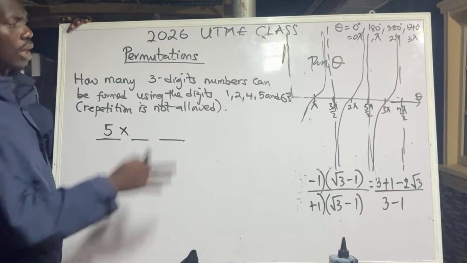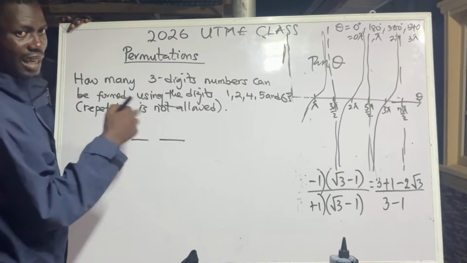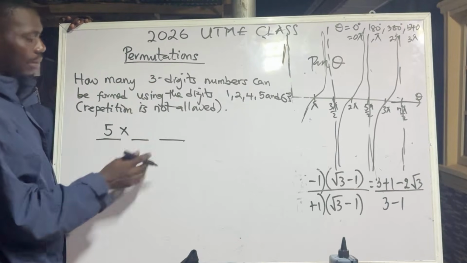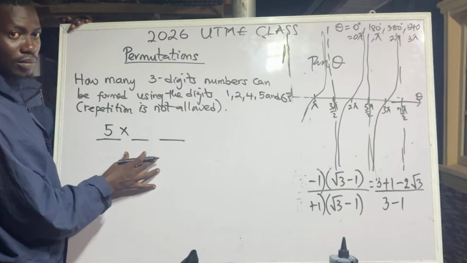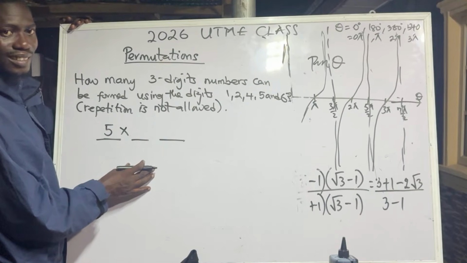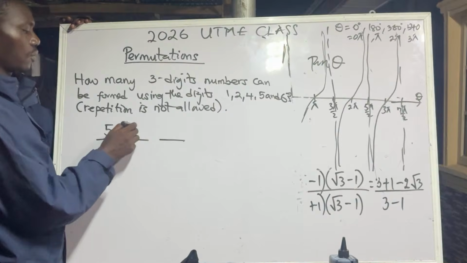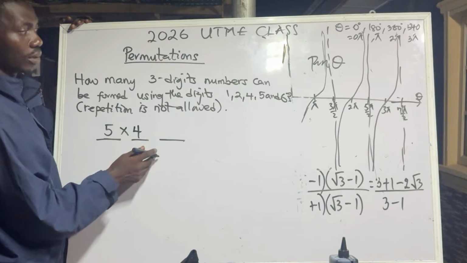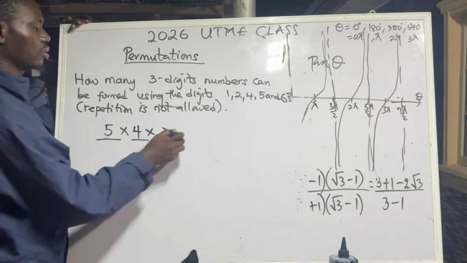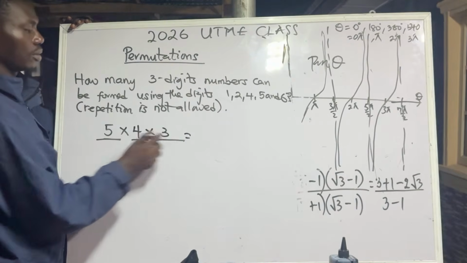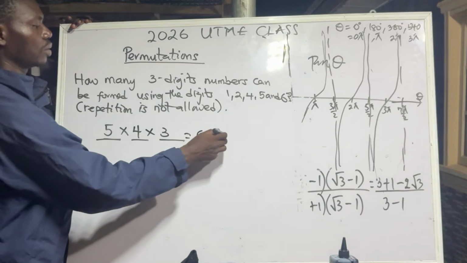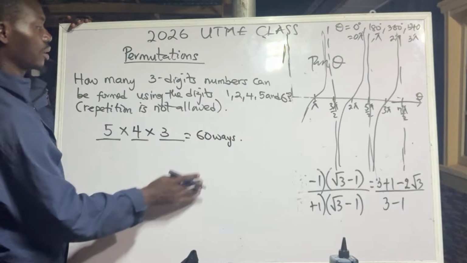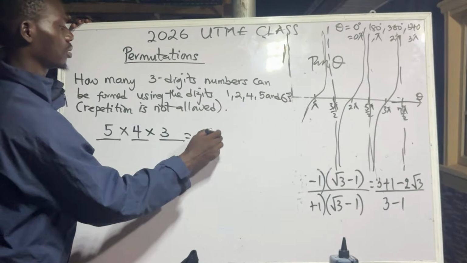Any number we use cannot be repeated. So that means the second space has how many options? 5. And the third one has how many options? 4. This is as simple as that. So it's about 120 numbers.